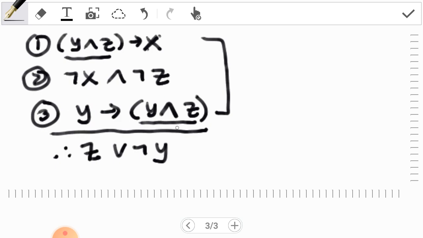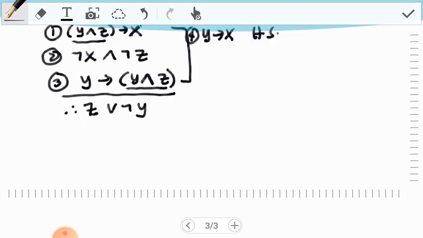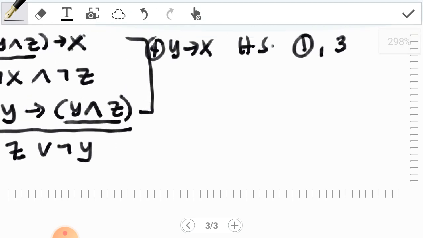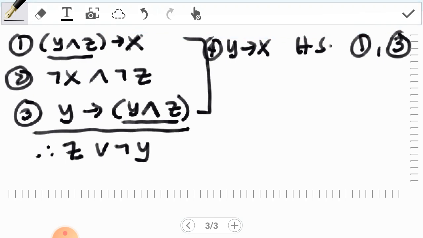P implies Q, Q implies R, therefore P implies R. Or, in this case, it should be Y implies X. This will now be line number 4, using hypothetical syllogism of 1 and 3. So we have obtained Y implies X.